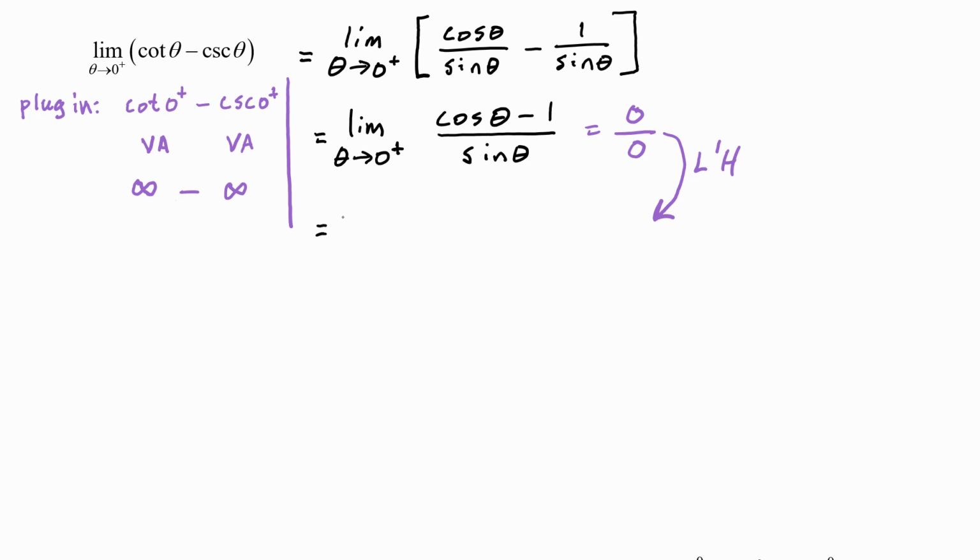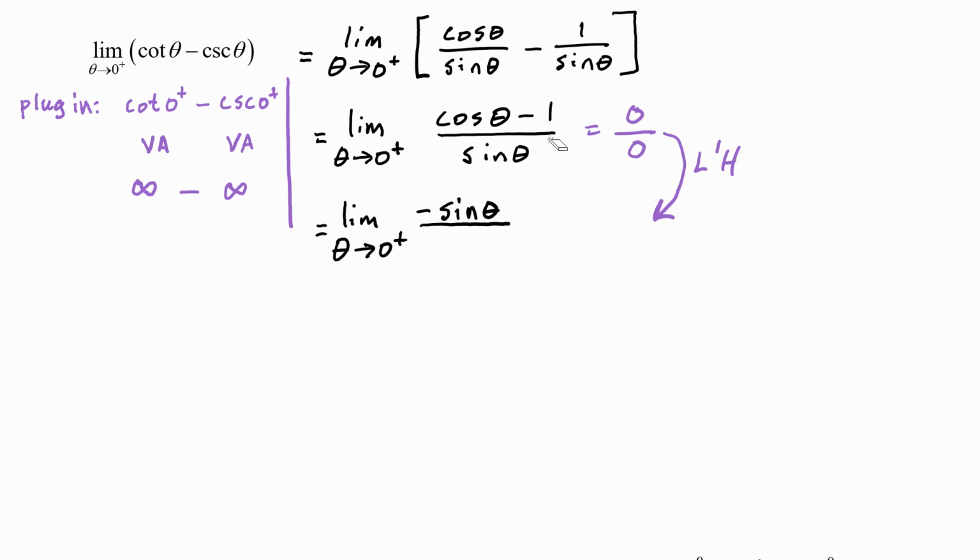So then this will become the limit as theta goes to 0 from the right. We have to take the derivative of the numerator, and the derivative of cosine is negative sine of theta.